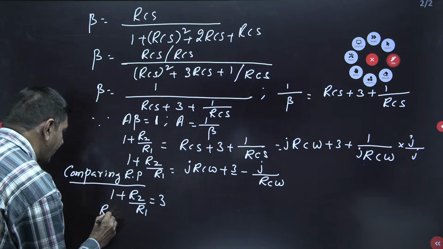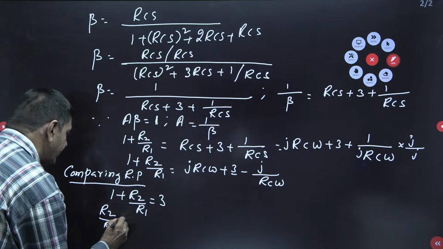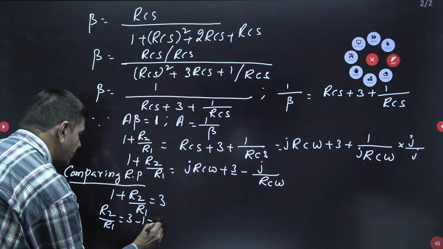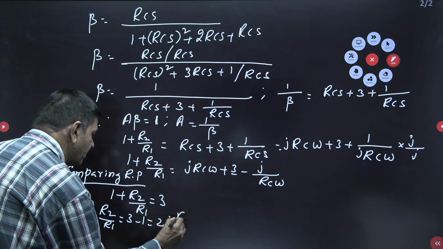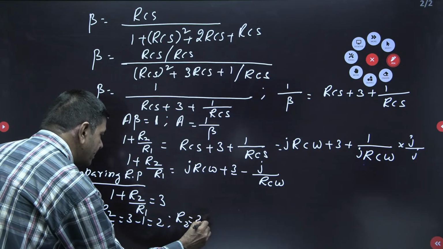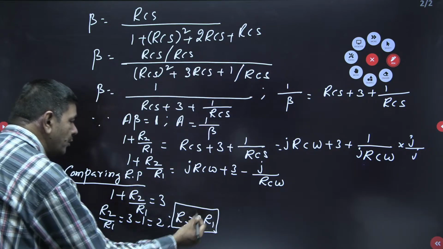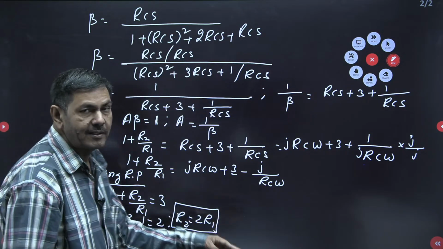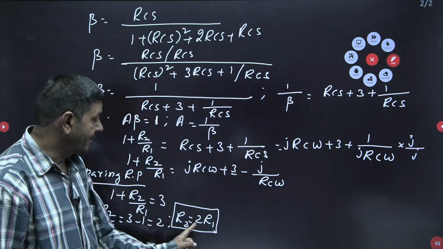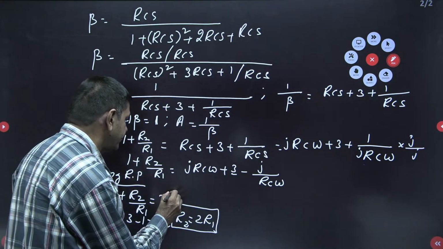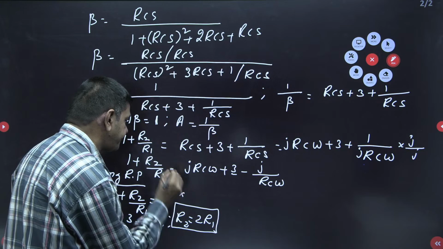R2 by R1 equal to 3 minus 1, which is nothing but 2 only. Finally, R2 equals 2 times R1. So, in the Wien-Bridge oscillator, we are going to use R2 equal to 2 times R1. The network is given such a way. That formula is very important, and will be useful shortly.